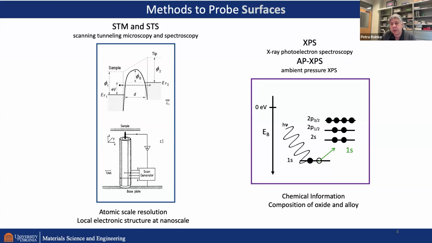Both contributions are always present in scanning tunneling microscopy images, but we can also do spectroscopy, which gives us detailed information on the electronic structure at a very nanometric scale within the images. And we use both of these capabilities of the STM in the work I'm going to show you today.